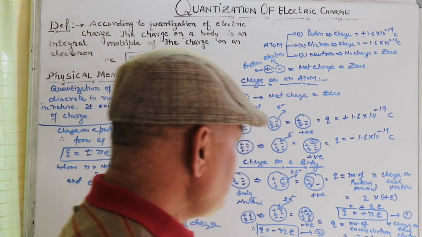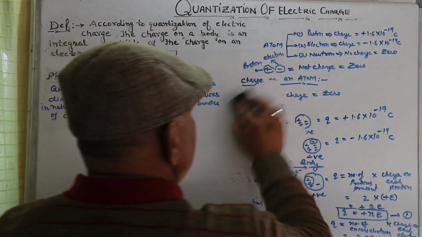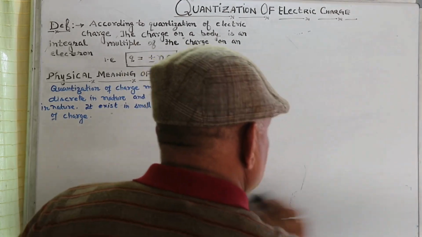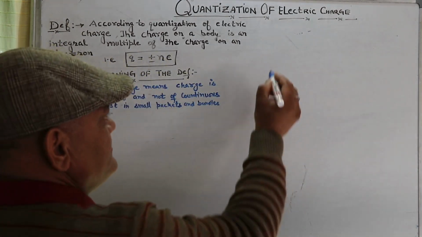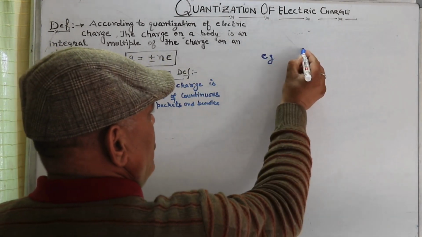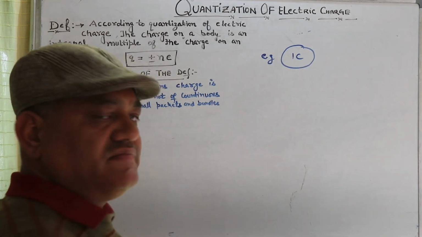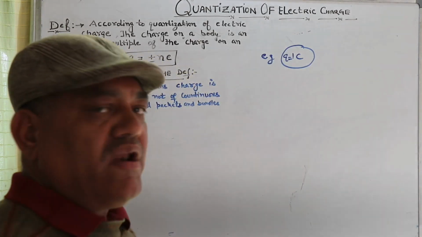Now, for example, a body having 1 coulomb charge.